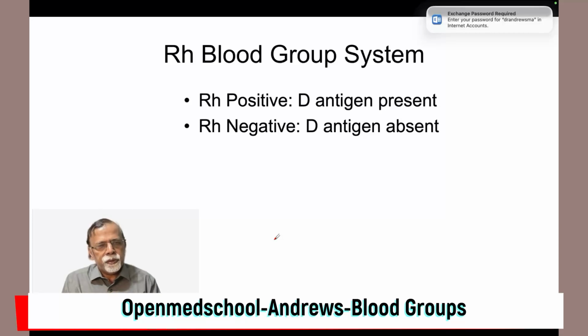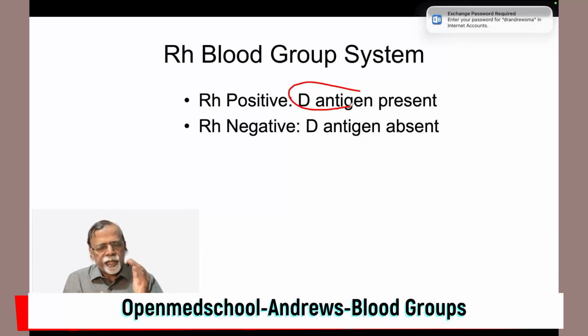So I have already told you there is one more system which is commonly in use. It is the RH group. The RH antigen is called the D antigen. So we have spoken about the A antigen and B antigen, and there is a D antigen. D antigen is the RH. When the D antigen is present, it is RH positive.